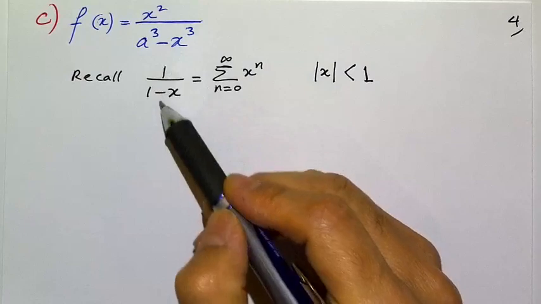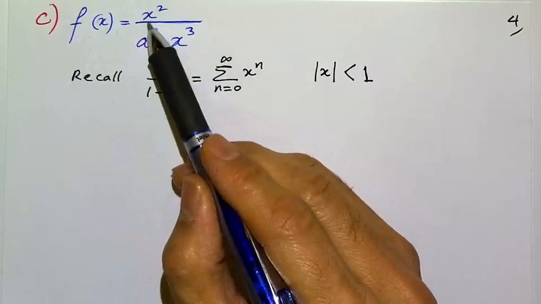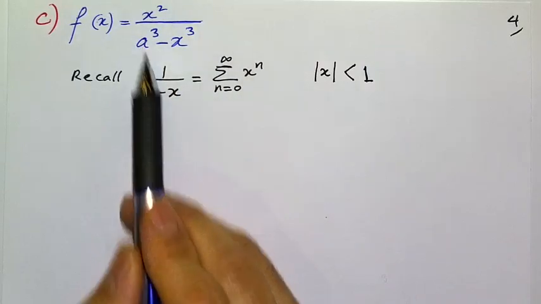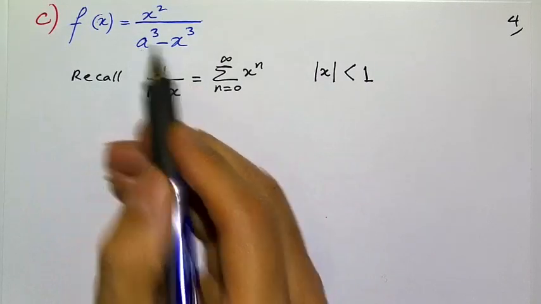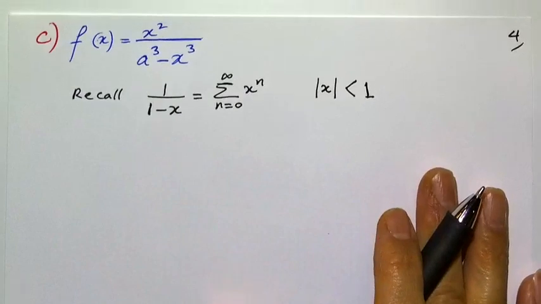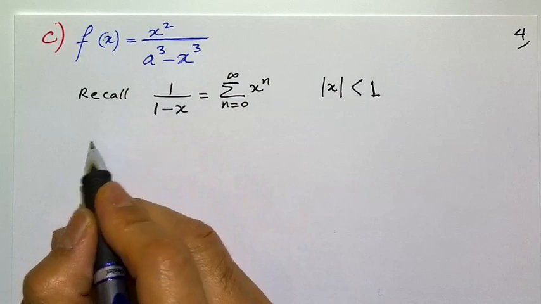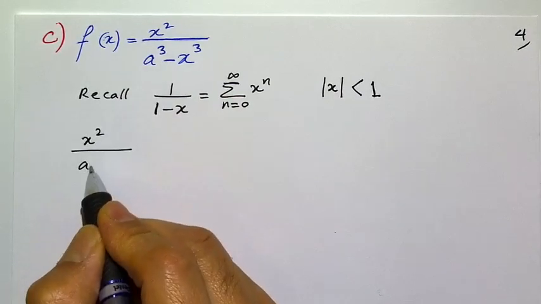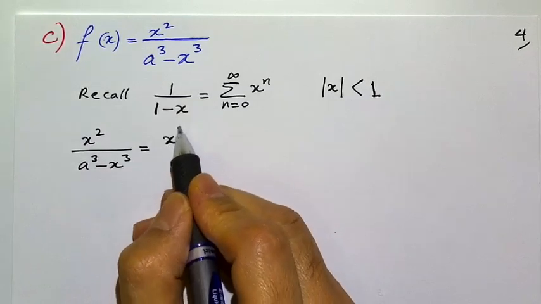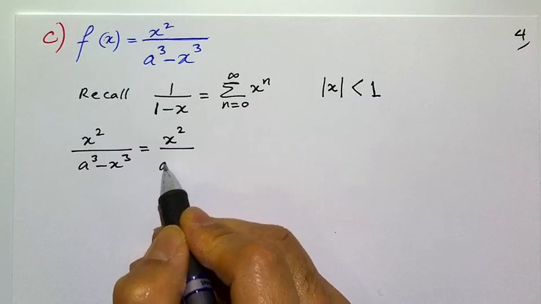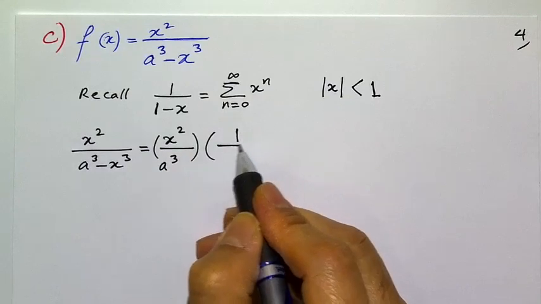We already have a minus there, that's good, but we do want a 1 in the numerator. That means we need to factor out x squared, and we also need a 1 here to look like that. That means we need to factor out a cubed. Okay, so let us do that. So this function we can write in factored form as x squared over a cubed times, all we need is a 1 in the numerator.